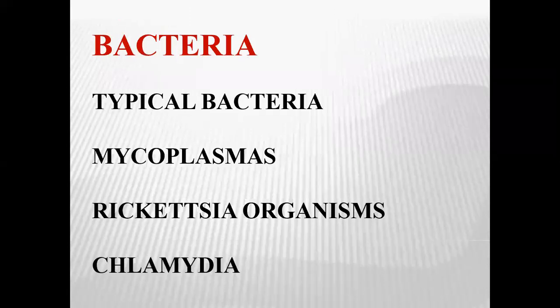Now, how can we classify bacteria? Bacteria proper are typical bacteria. These bacteria contain all prokaryotic structures, such as cell wall, plasma membrane, and cytoplasm. Mycoplasma is the smallest type of bacteria, characterized by its lack of a cell wall.